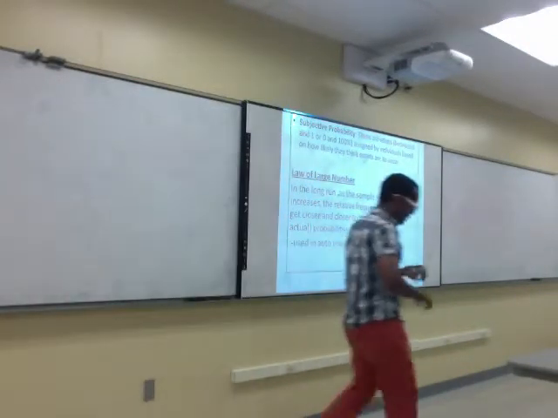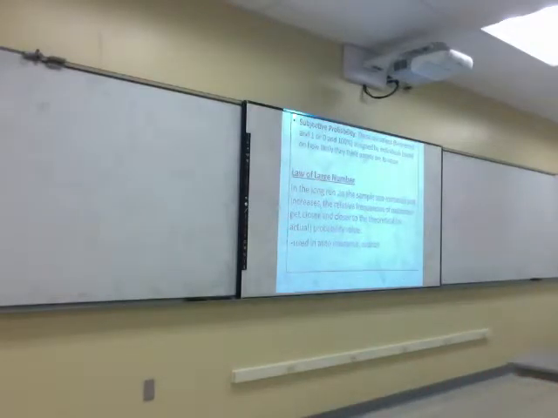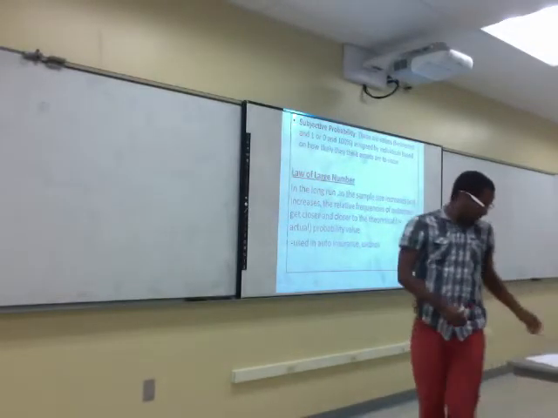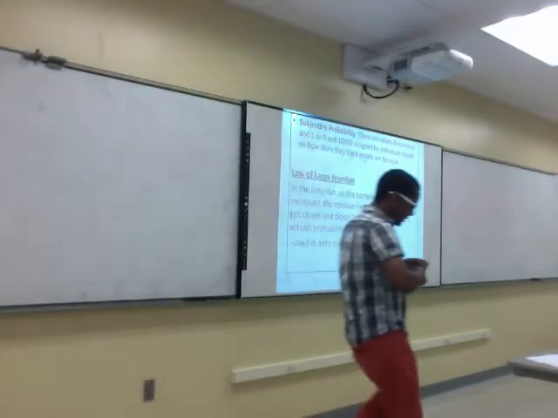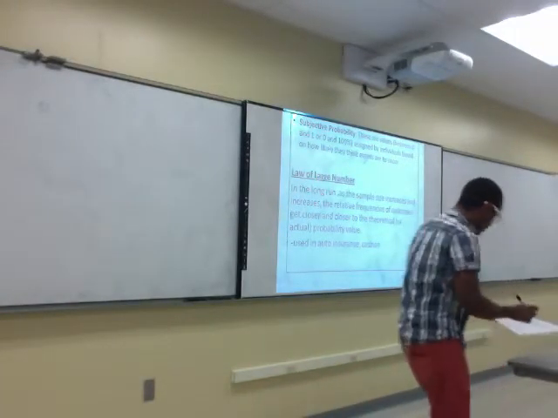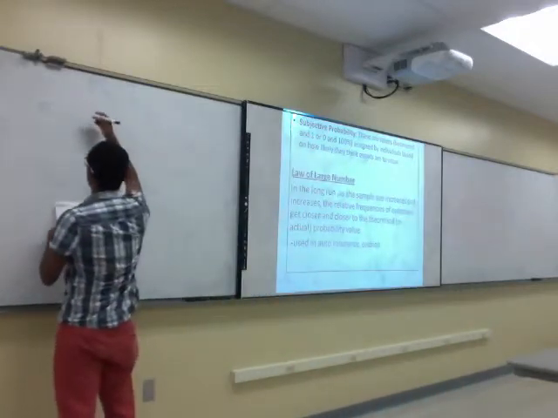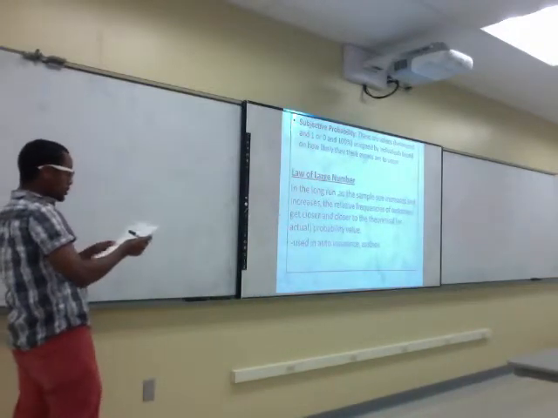All right. So this is the last part of chapter 3. The first question is asking us to find a percentile. To do that, the first thing you want to do is order the numbers from low to high.